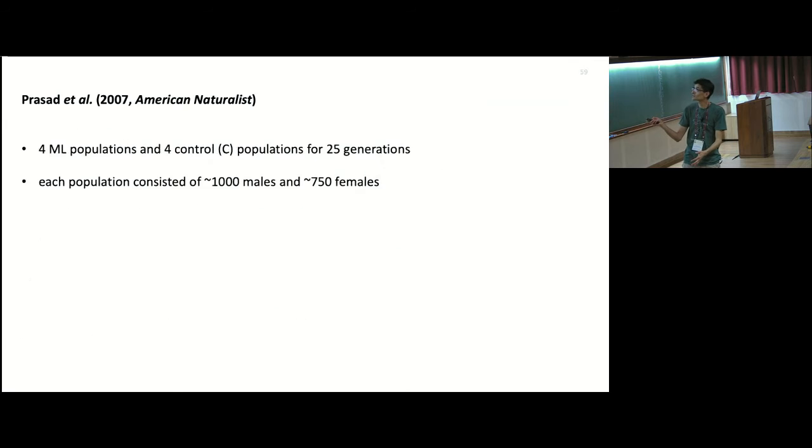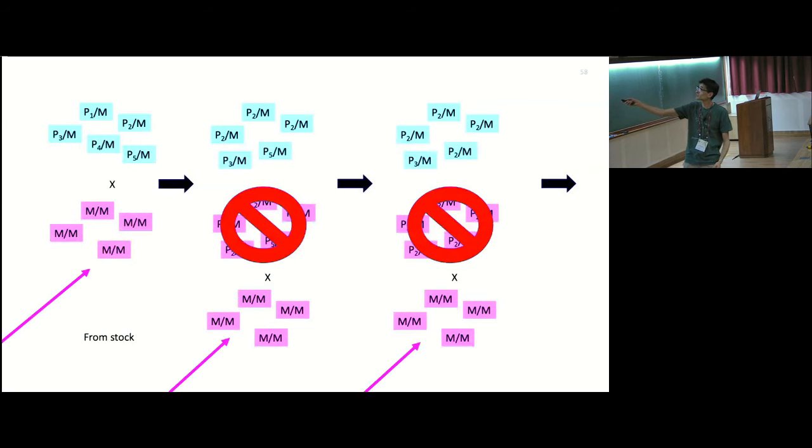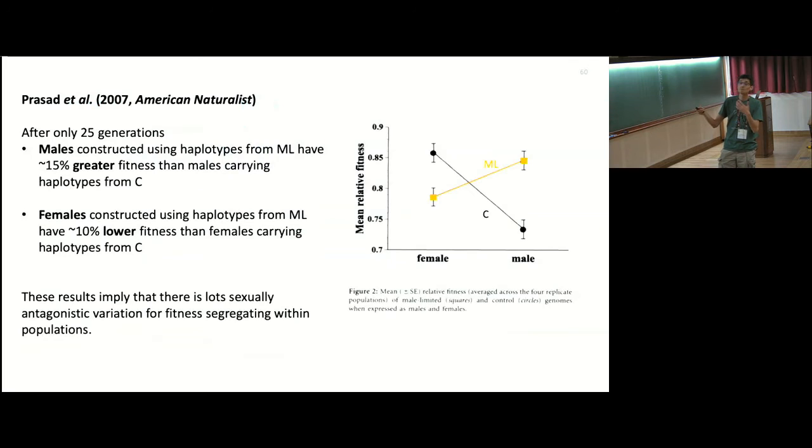Remember, every generation you're actually making females, but normally in the maintenance you discard them. Well, at the end of the 25 generations, they said, well, let's make those and measure their fitness. So they wanted to measure the fitness of males carrying those P haplotypes and how those P haplotypes affected female fitness. And that's what's shown here.